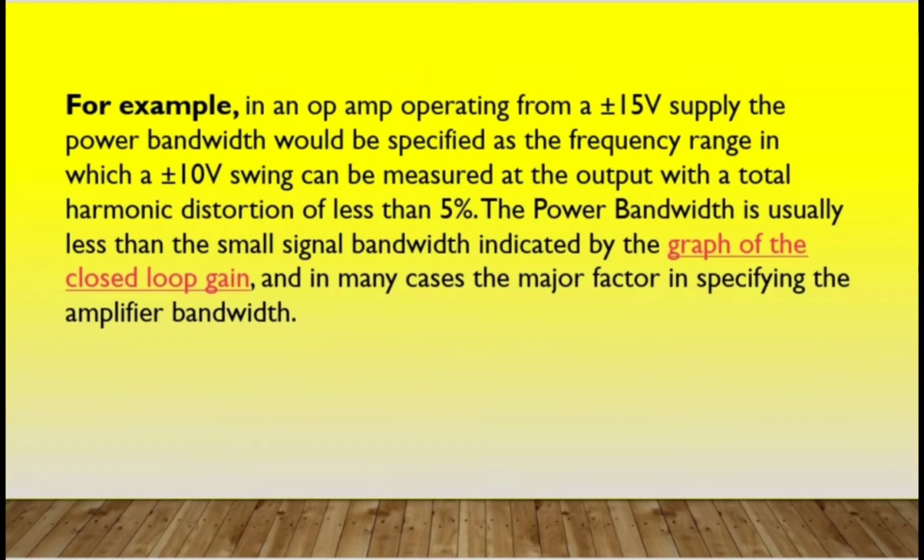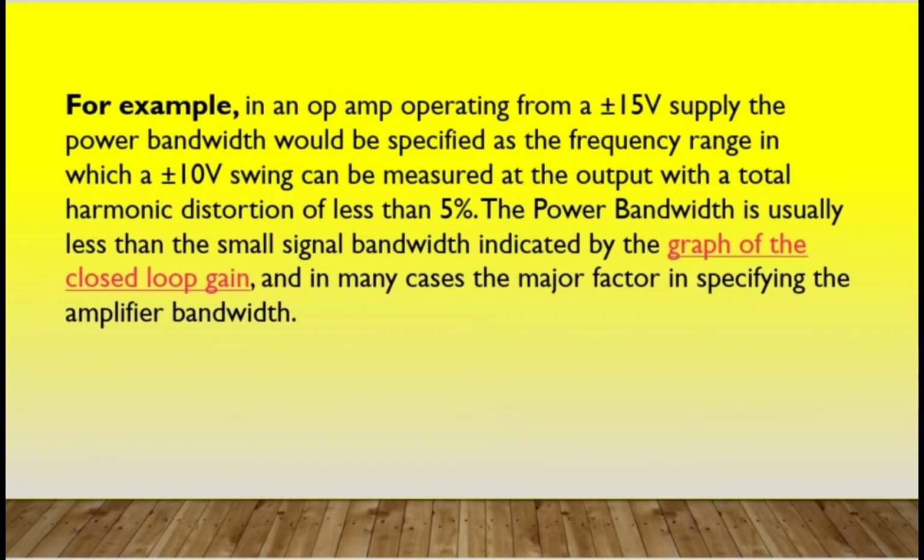So this is an example of power bandwidth. For example, in an operational amplifier operating from a plus-minus 15 volts supply, the power bandwidth would be specified as the frequency range in which a plus-minus 10 volts swing can be measured at the output with total harmonic distortion of less than 5%.